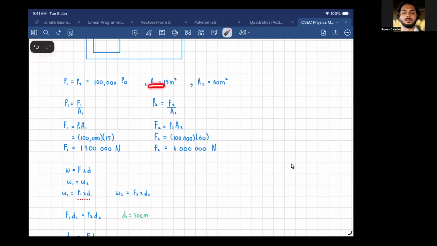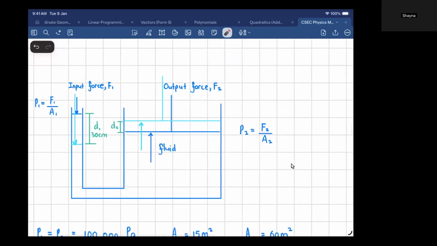Because watch, if you compare the area, 60 over 15 is 4. And the force is being multiplied by that ratio. What is 1,500,000 times 4? 6 million. Right. So Shayna, in what situation would multiplying a force be useful?